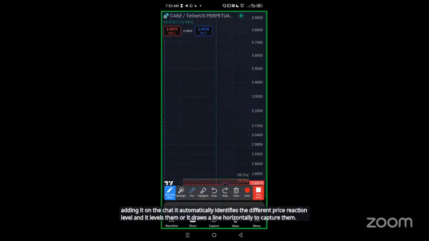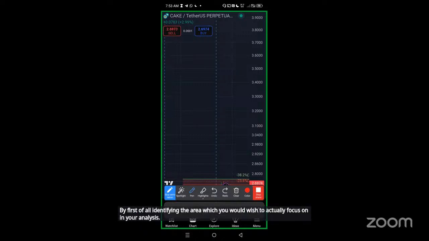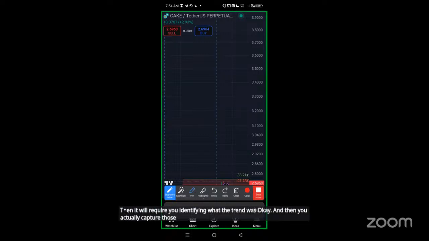But the manual one is the one you use by first of all identifying the area which you wish to focus on in your analysis. Then it will require you to identify what the trend was, okay? And then you capture those key swing positions or levels, and then you draw them, okay?